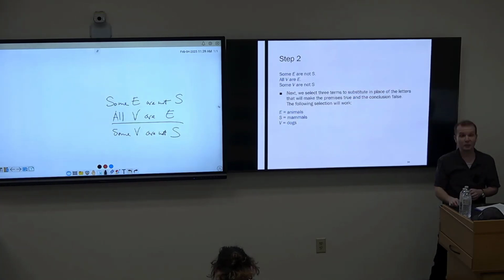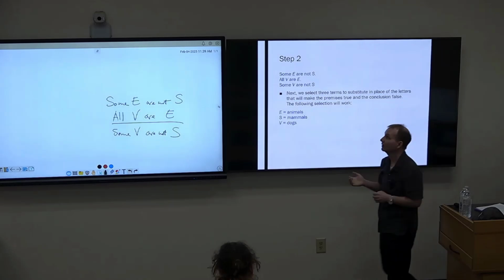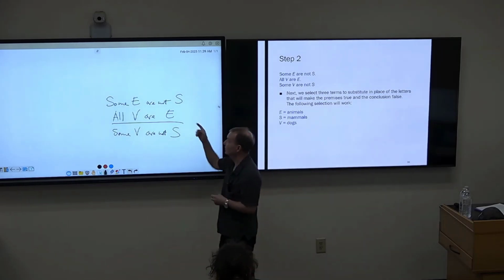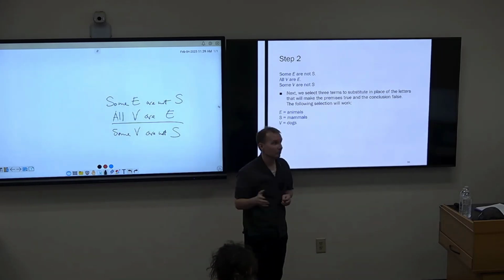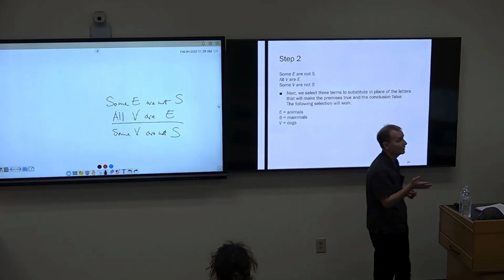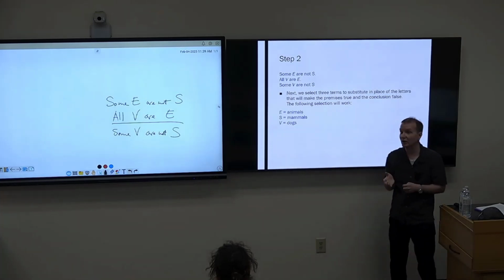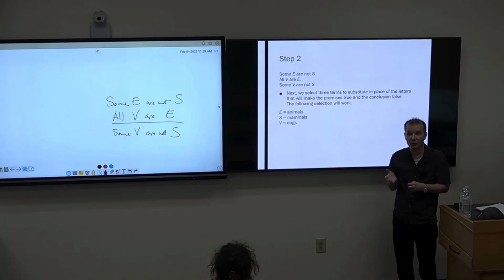Now the next step is to replace E, S, and VP with some sort of substitution instances so that we could immediately see the argument is invalid. What's our goal? Remember what is our goal? Why are we doing that?